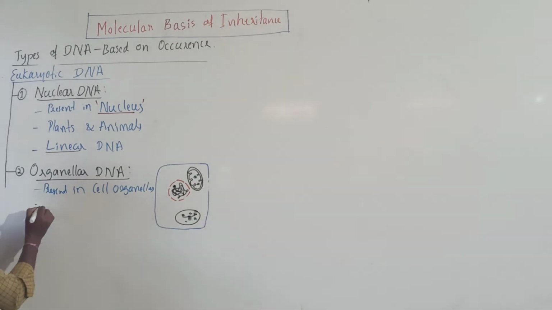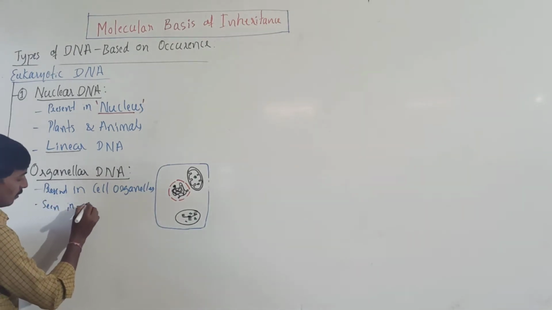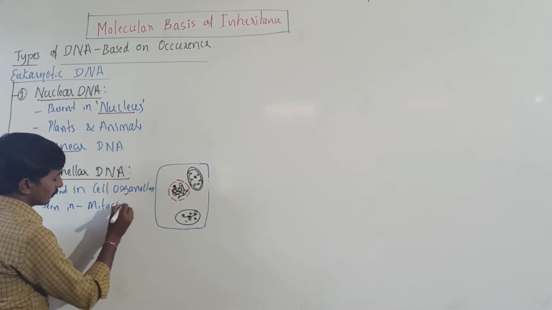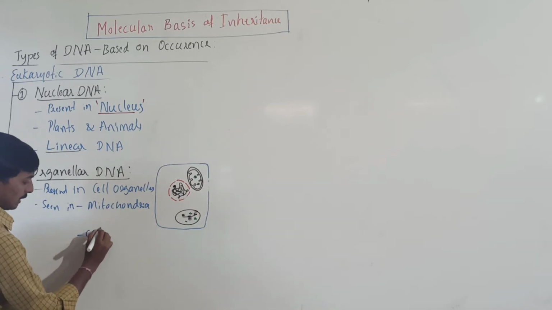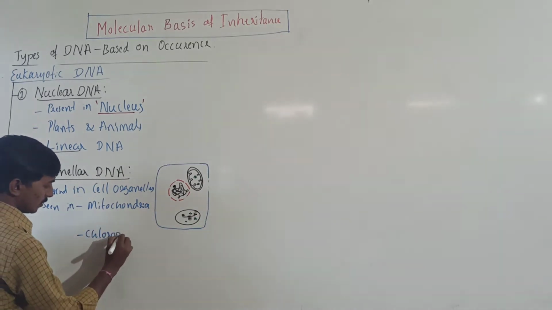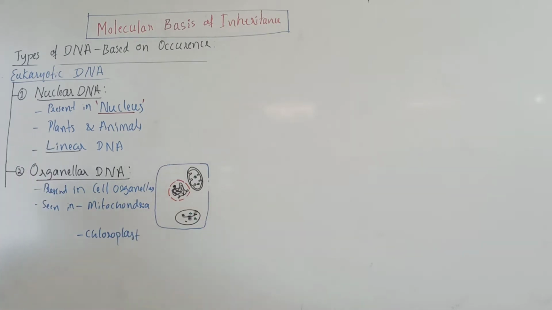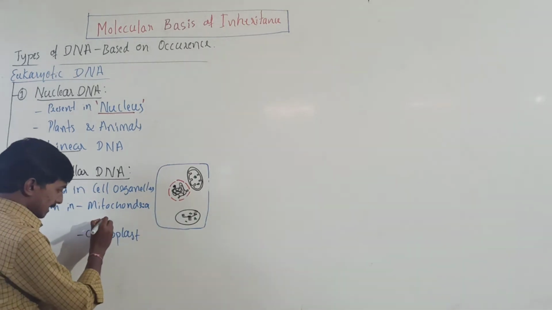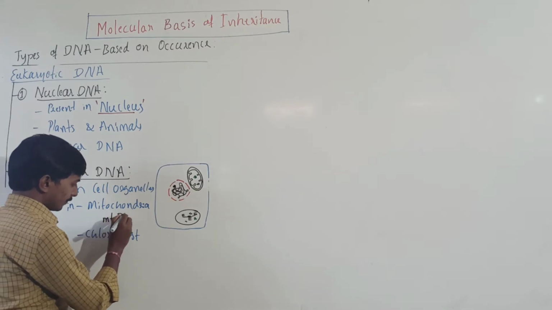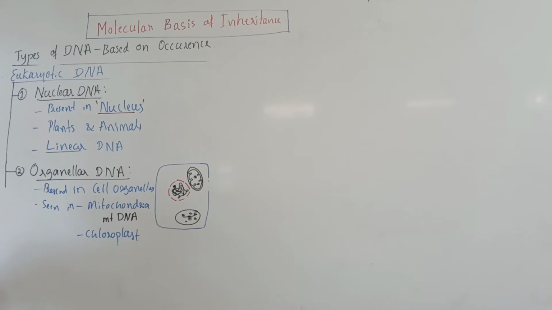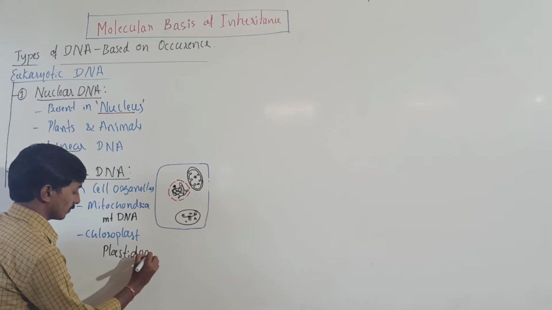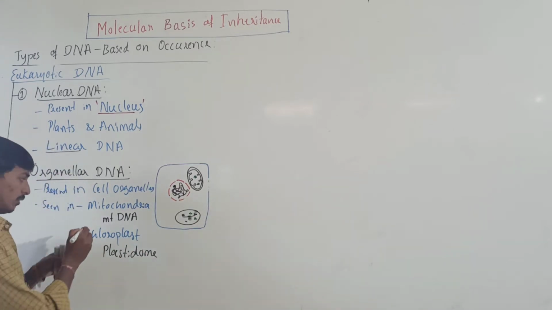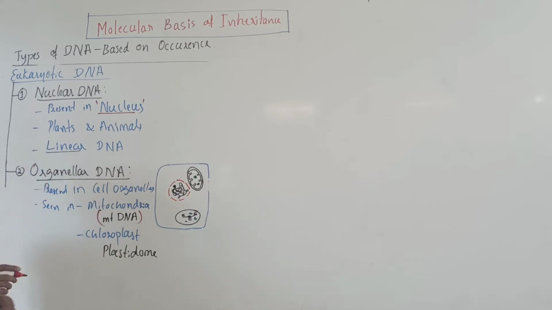It is seen in mitochondria and in chloroplast. The DNA present in mitochondria is known as mtDNA, and the DNA present in the chloroplast is known as plastidome.